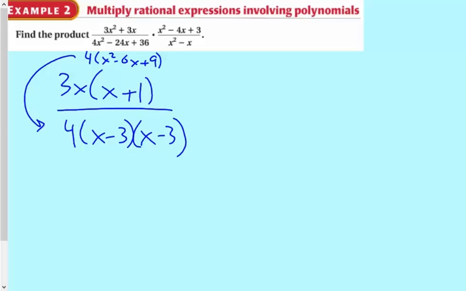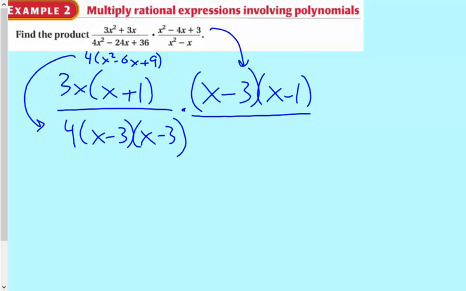That's just factoring using the box, or just factoring the trinomial. We've been working with that a lot this year. And then on the top, x minus 3, x minus 1 for this guy right there. Now on the bottom, I'm going to factor out the GCF. X comes out of there, and you're left with x minus 1. Now you're going to just start reducing, just like we did before in 12.4.